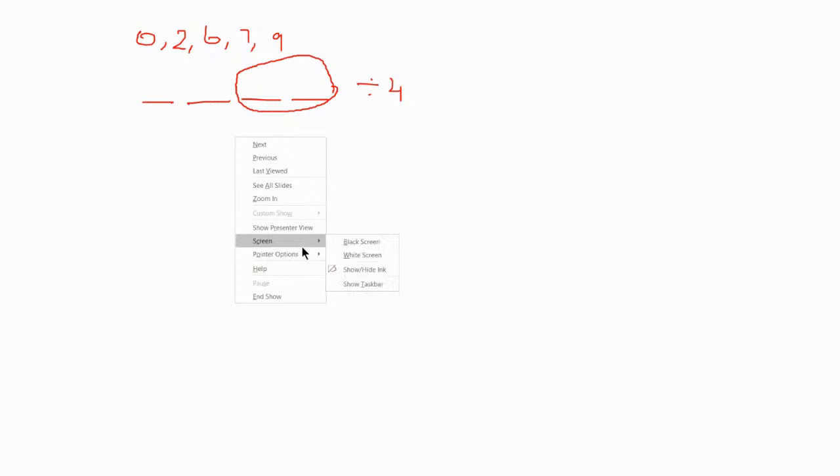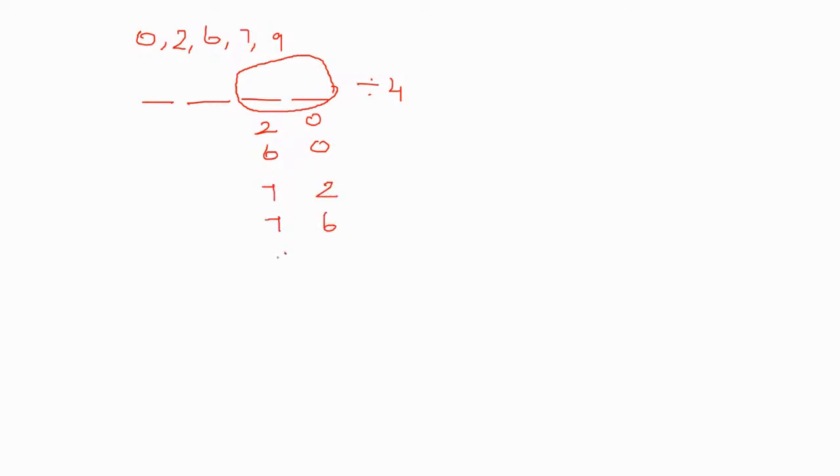No. So what are the possible values? 20 is divisible by 4, 60 is divisible by 4, 72, 76, 92, 96. These are the possible values in which it is divisible.